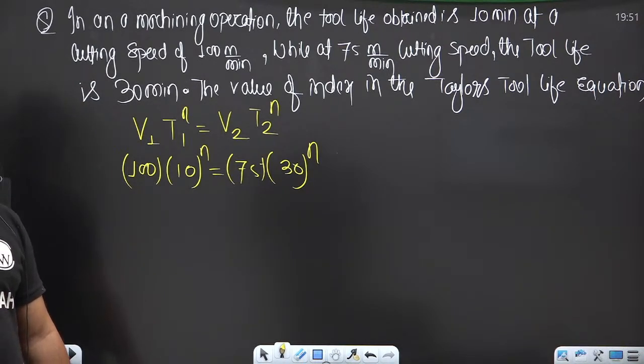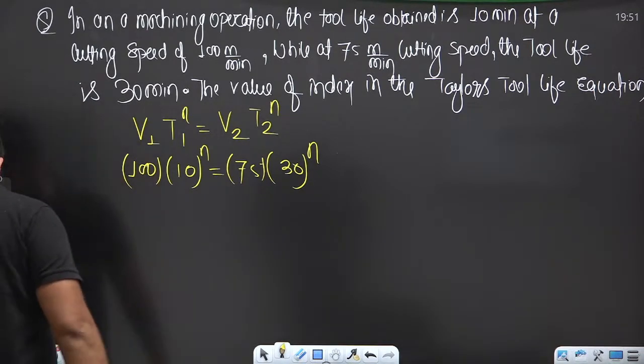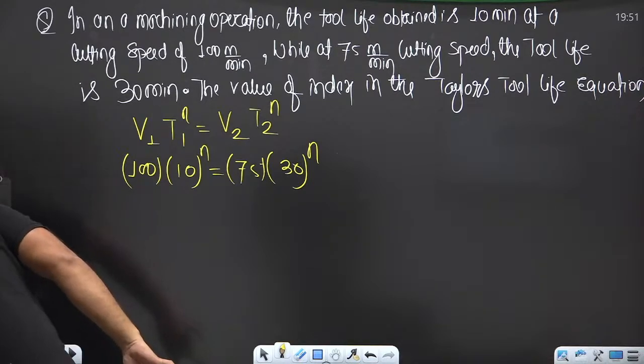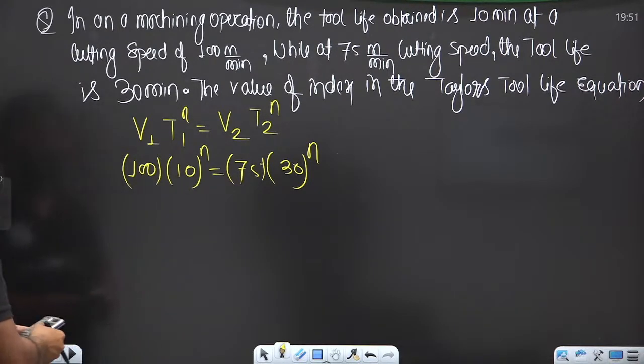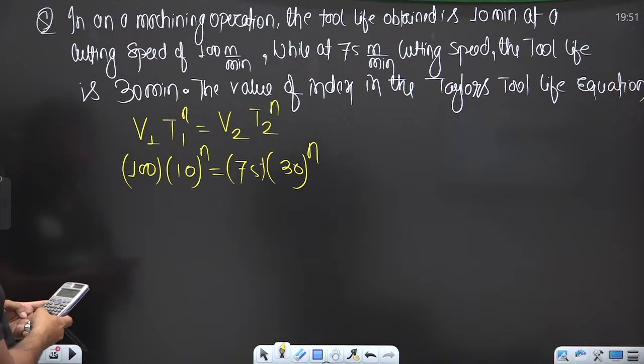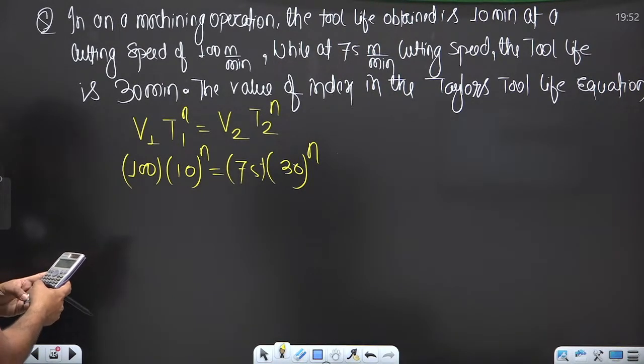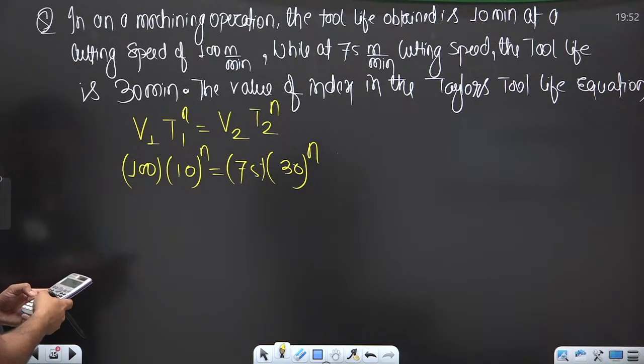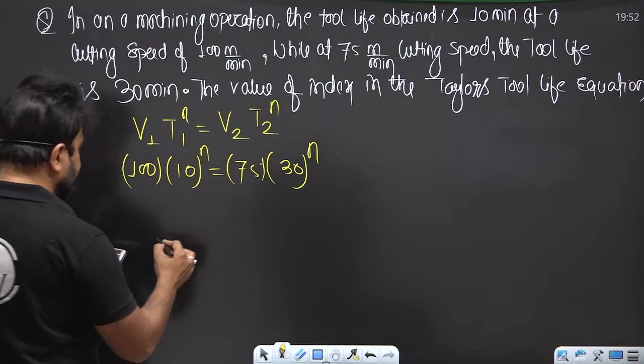Take the log on both sides, right? So 30 by 10 equals 100 divided by 75 to the power n. Get the value of n.